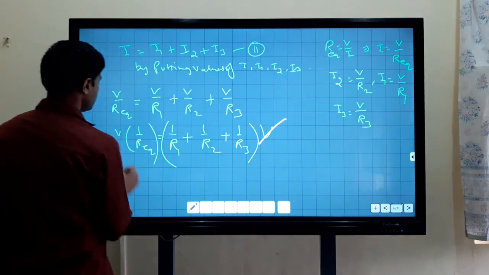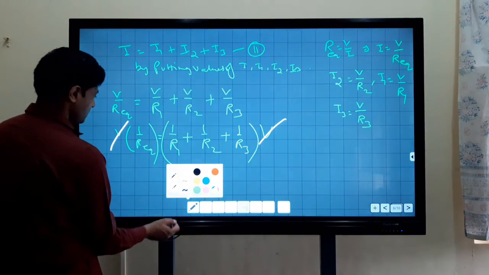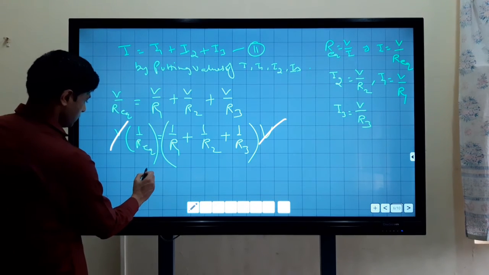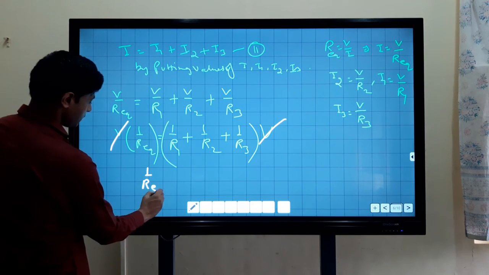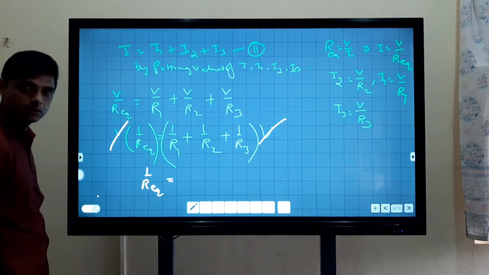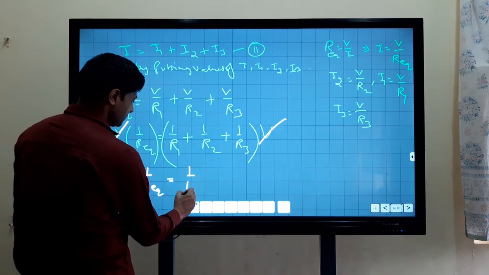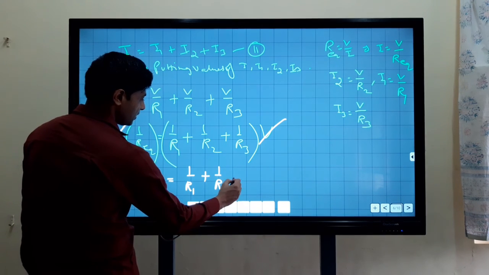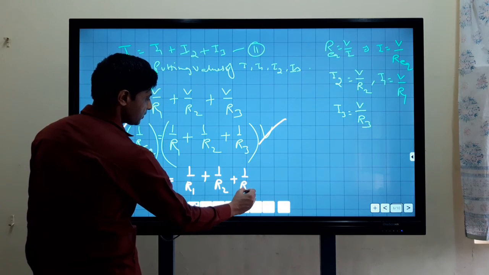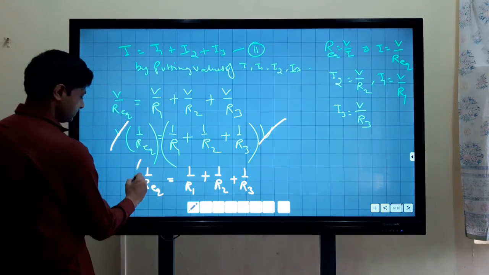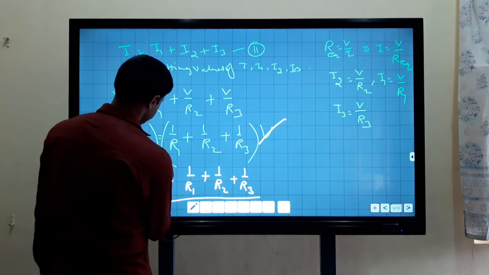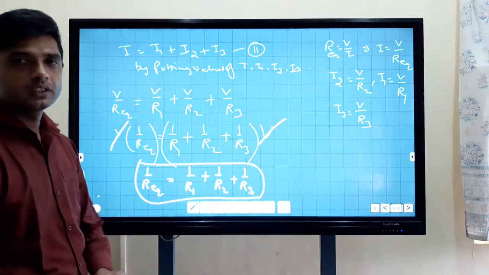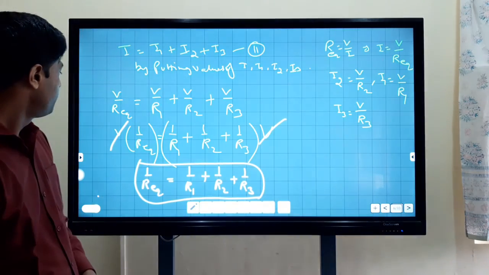V is common, so 1 upon R equivalent equal to 1 upon R1 plus 1 upon R2 plus 1 upon R3, and V cancels with V. This is the combination of resistors in parallel combination.